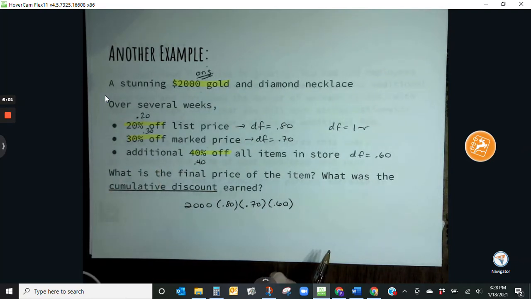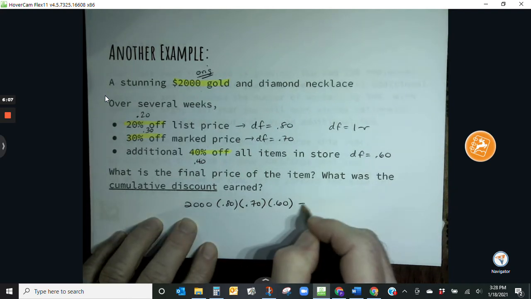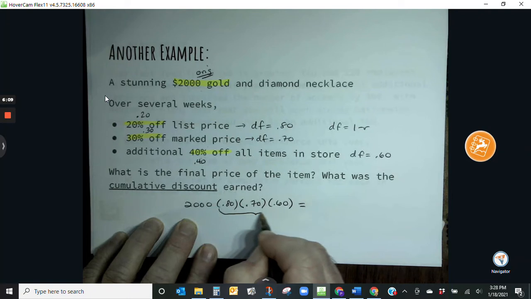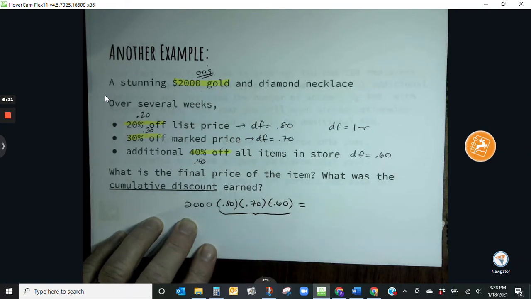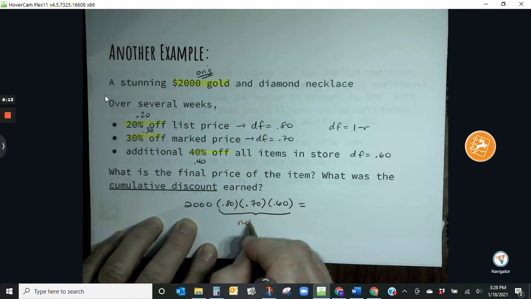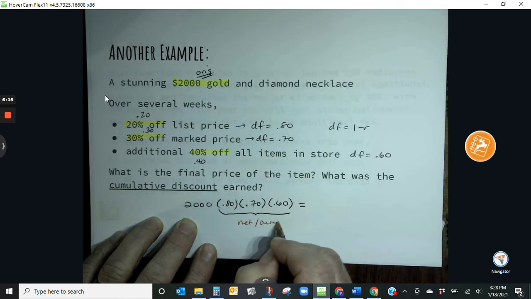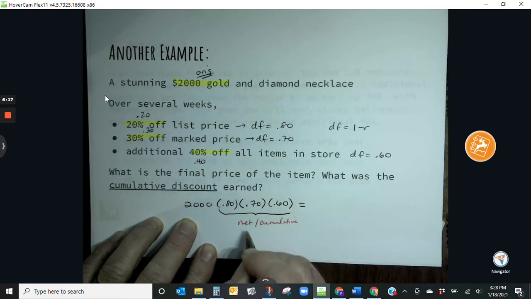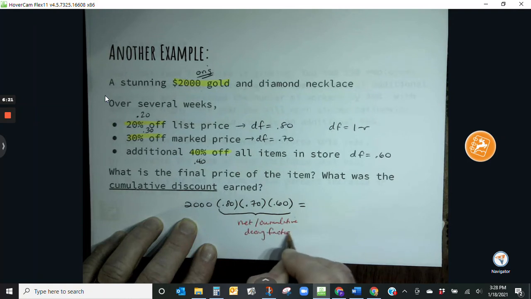It would be many, many steps of multiplying and subtracting if I didn't use this. Plus, that gives me my net or cumulative decay factor, which will help me find the total cumulative discount I got.